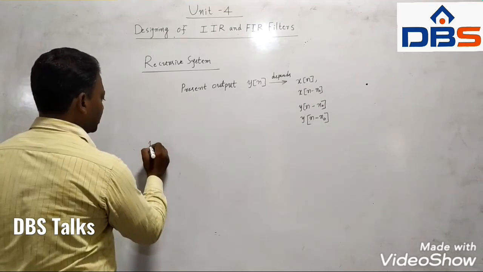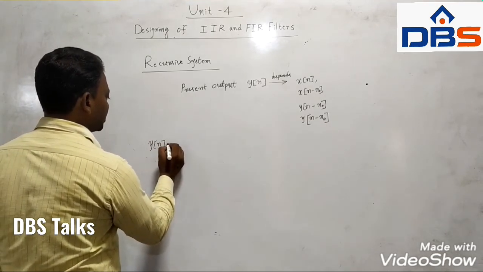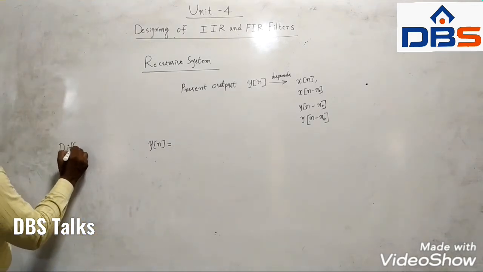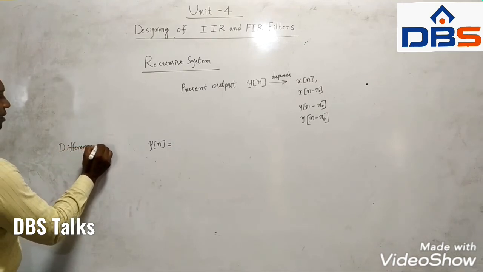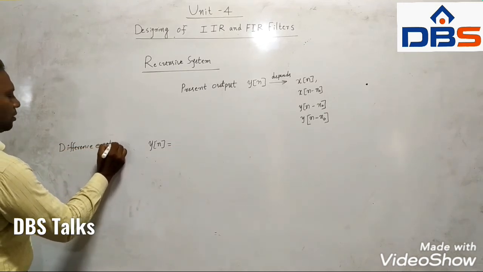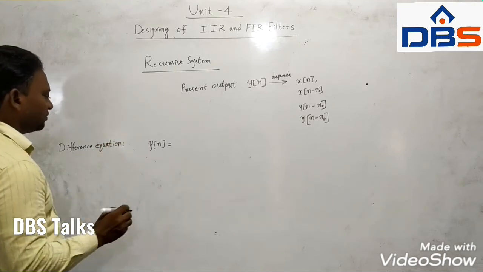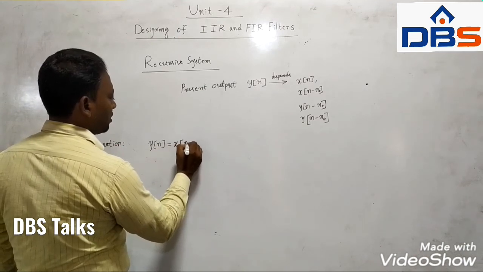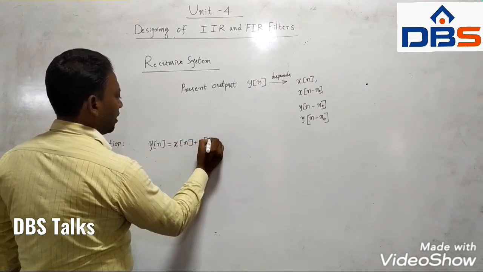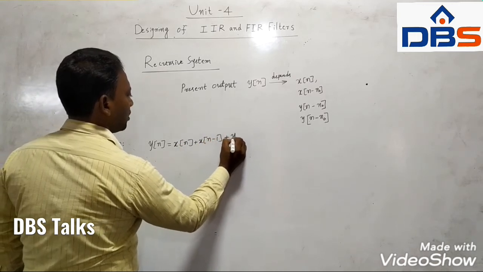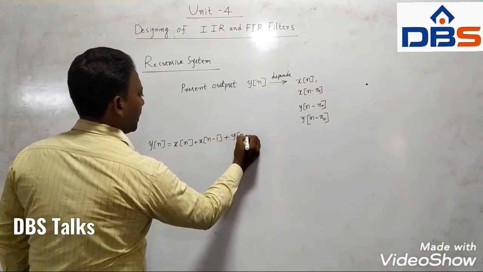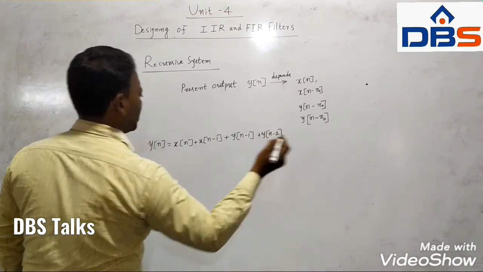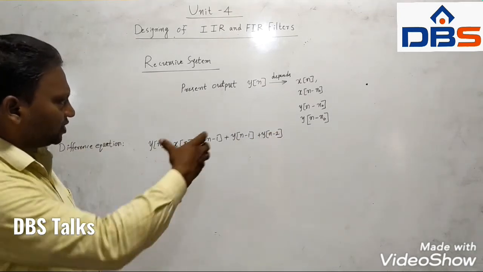If you want to write it like an equation, discrete means a difference equation. This is called a difference equation. So y of n is the present output. If the present output depends on the present input, past input, and past output like this, you can have any number of samples like this.